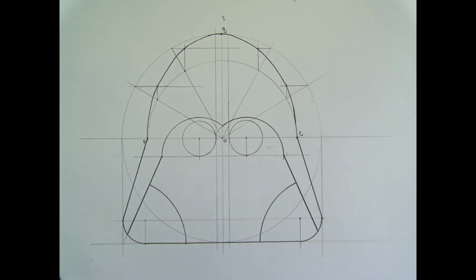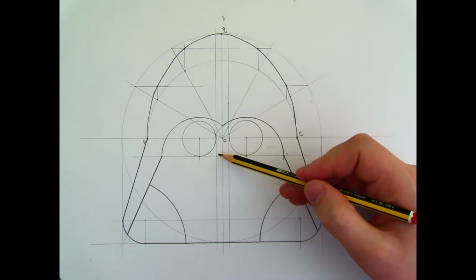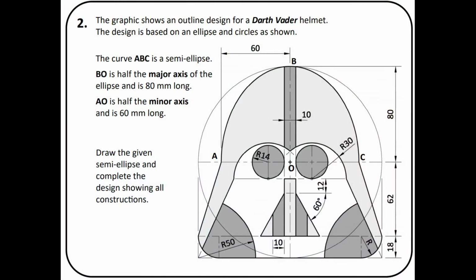So that's almost us done with this question. There's still the mouth and nose piece to go in. So we're given some information for that. We know that if we look at the question, the center nose part comes down 12 millimeters below the bottom of the eyes, and then the two lines on either side come off at 60 degrees.